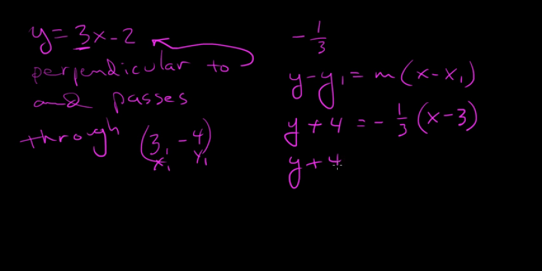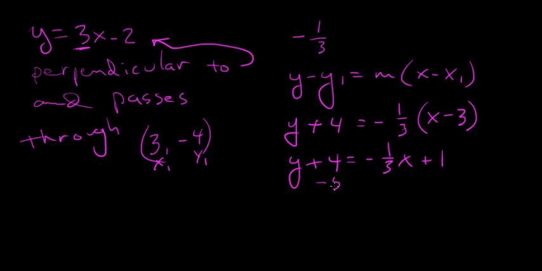Y plus 4 equals -1/3 x. Negative times a negative is a positive. I'm distributing now. -1/3 times x is -1/3 x. -1/3 times a -3 is a positive 1. 1/3 of 3 is 1.